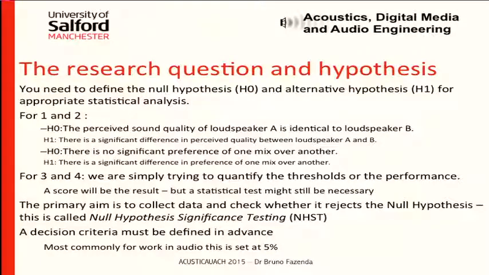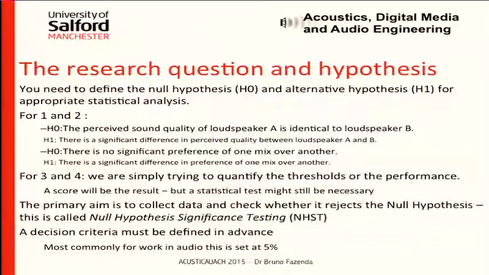So, when we go down this route of null hypothesis significance testing, we always need to define a criterion at which, if we're above it, we retain the null hypothesis, and if we're below it, we reject the null hypothesis. And remember, that's what we're trying to do, reject it.